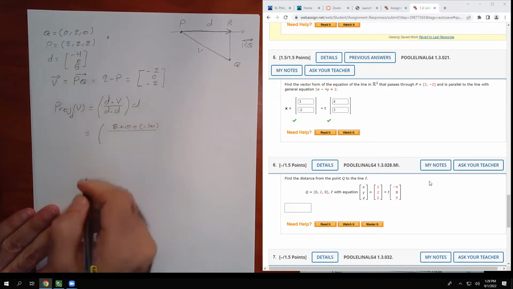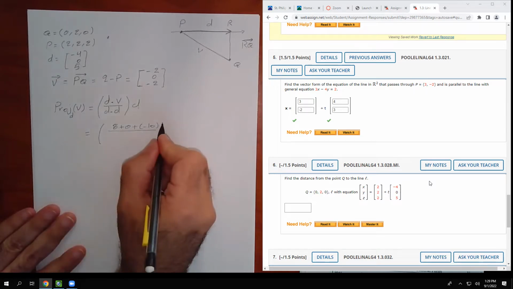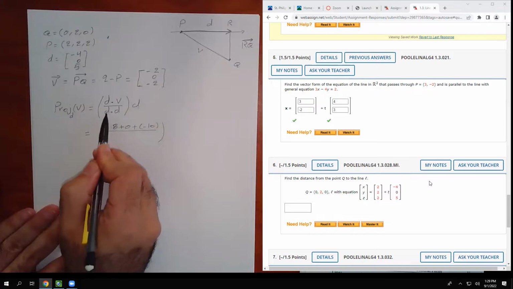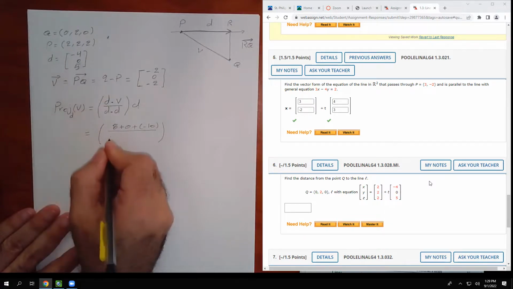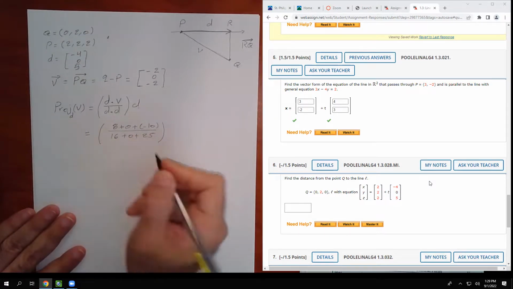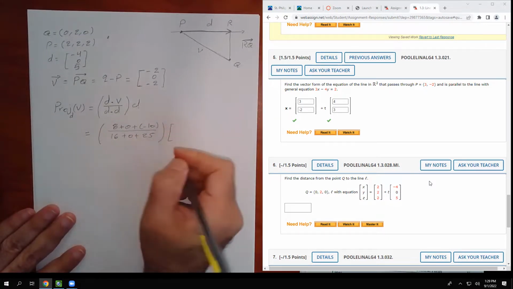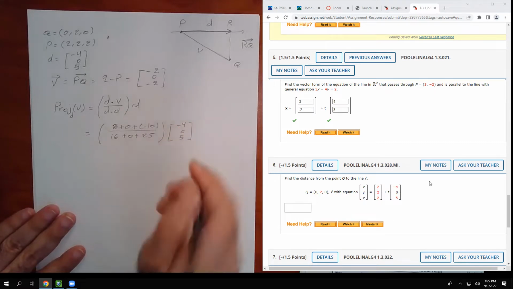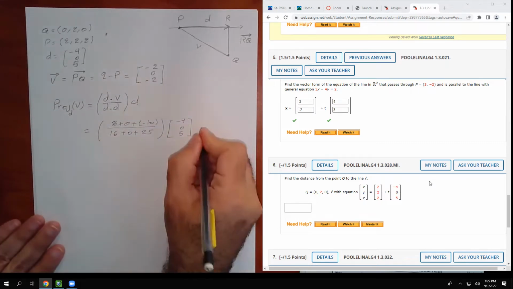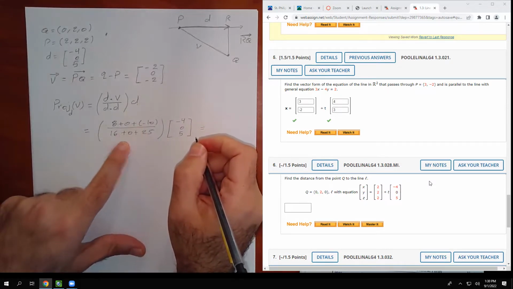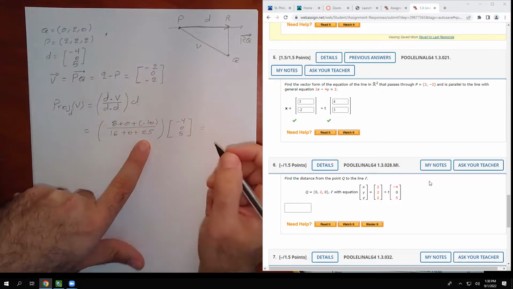Over D times the product of D with D, so it's going to be 16 plus 0 plus 25. And the vector D is going to be negative 4, 0, and 5. That means this is negative 2 over 16 plus 25, which is 41.